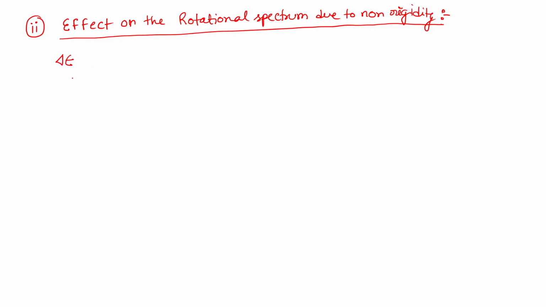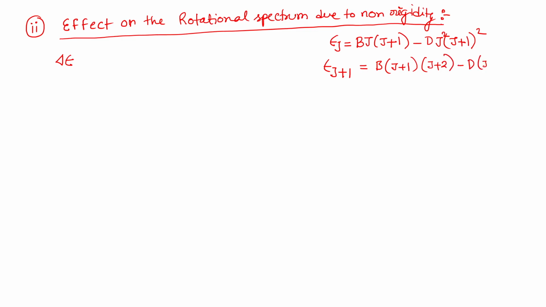You know that already given also that Ej is B into J into J plus 1 minus D into J square into J plus 1 square, right? What about Ej plus 1? B into J plus 1 into J plus 2, right? And what is going to happen to this? J plus 1 square and J plus 2 square. What is the energy difference going from J to J plus 1?